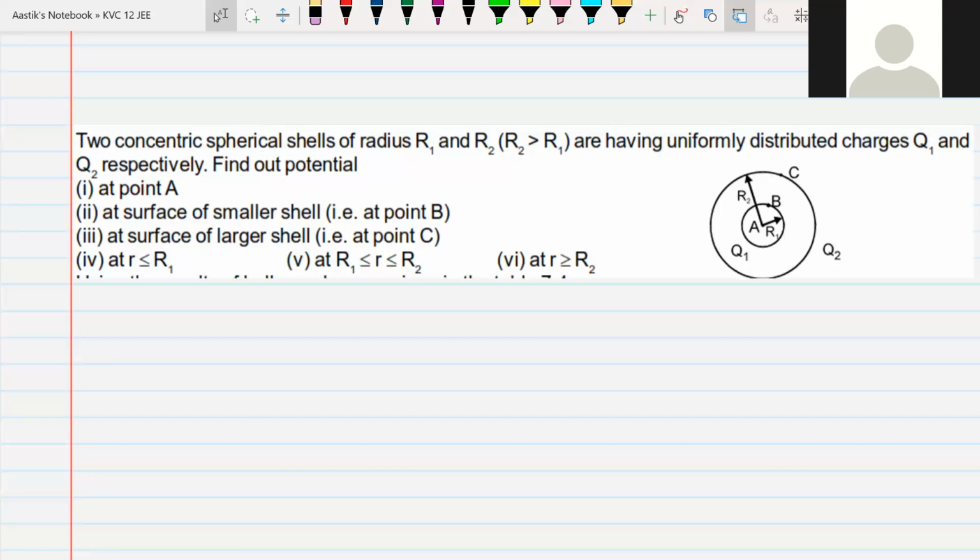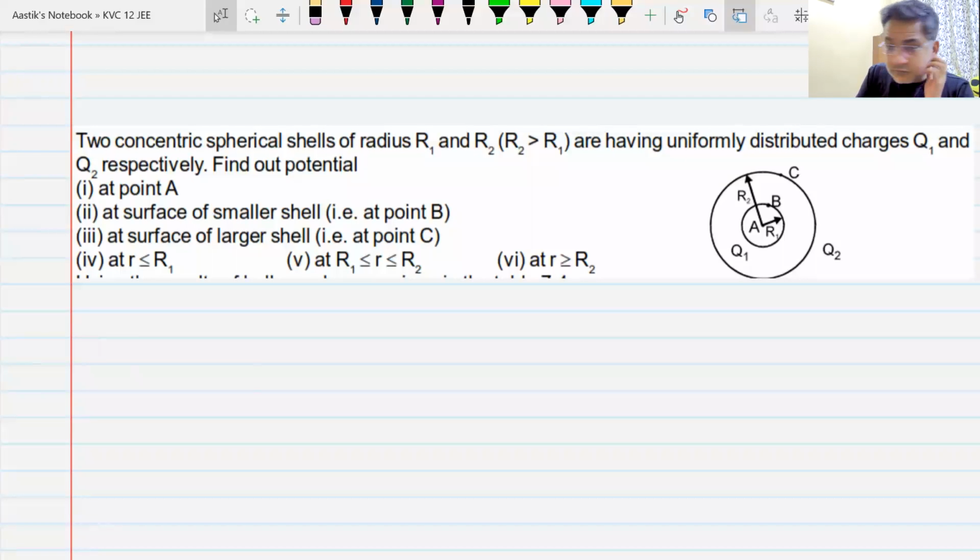Does anyone have anything that looks like an answer? At point A, potential is KQ1 by R1 plus KQ2 by R2. That is correct. Next one, at point B: KQ1 by R1 plus KQ2 by R2.